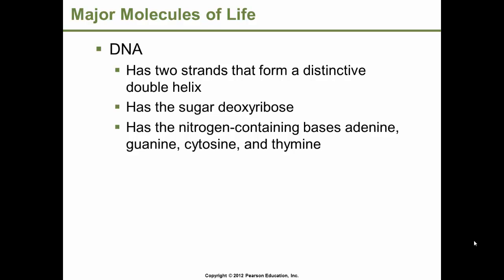DNA, on the other hand, has 2 strands that form a distinctive double helix. It contains the sugar deoxyribose and has the nitrogen-containing bases adenine, guanine, cytosine, and thymine. Uracil and thymine differ. DNA has thymine, whereas RNA has uracil.